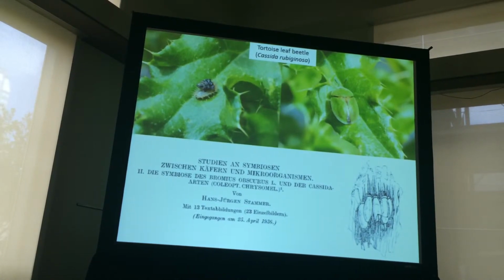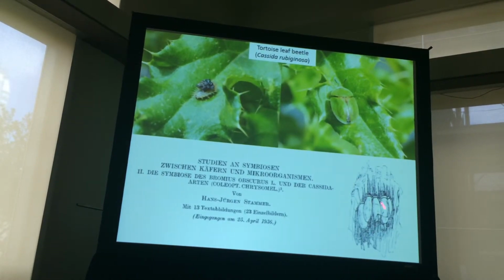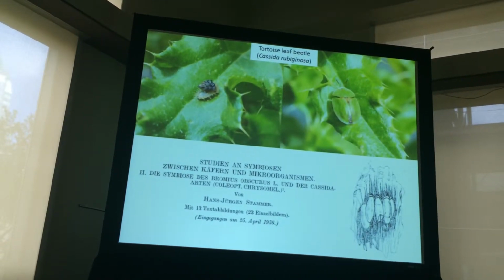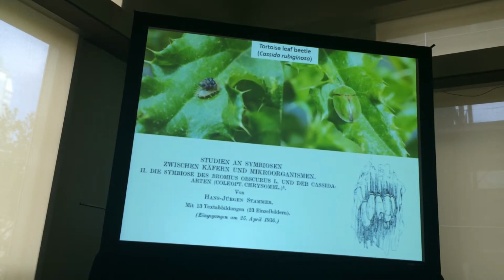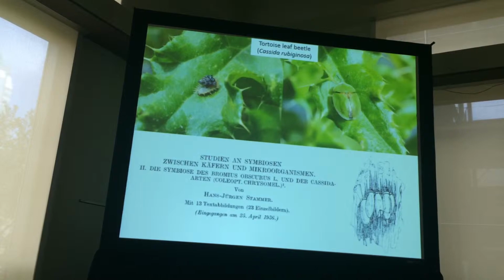Perhaps the biggest take-home message from this 80-year-old paper is that he describes these structures, the anterior pole of the eggs that get oxidized, as involved in the vertical transmission of symbiotic bacteria. And so this was our starting point and launch pad for the system.